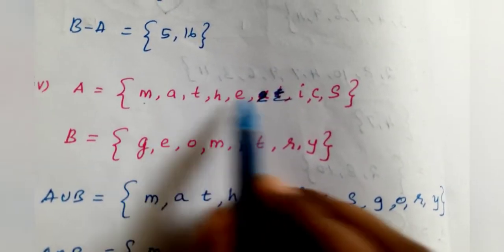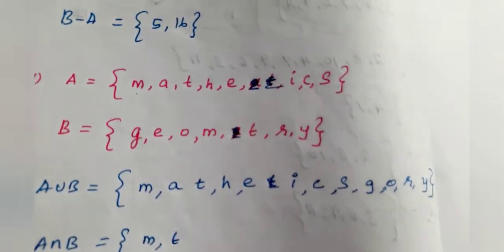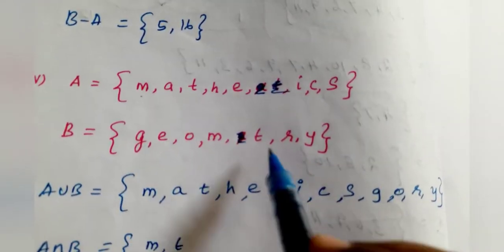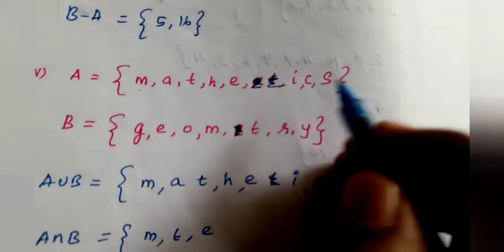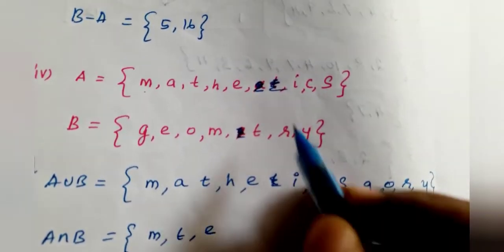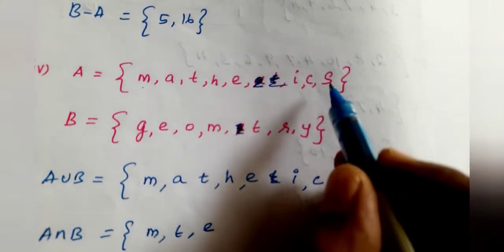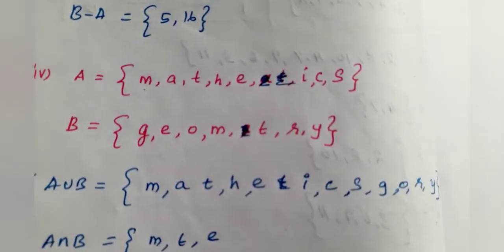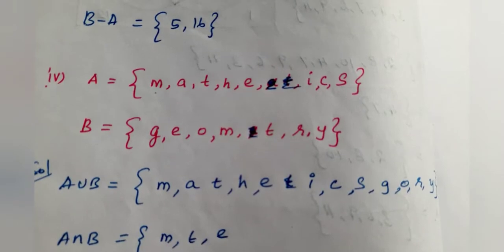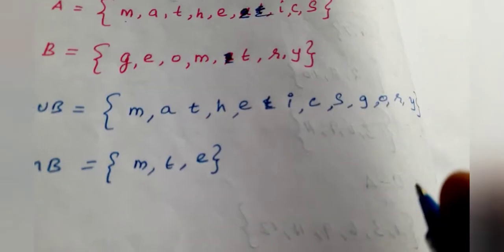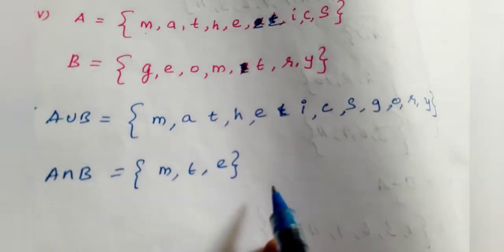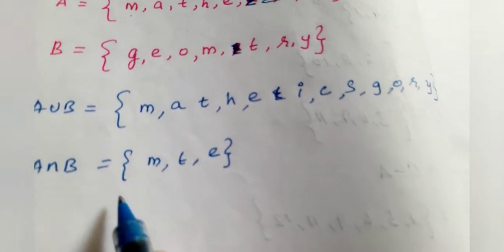So T, here it is. And E is repeating. I is not repeating. C is not repeating. And S is also not repeating. Therefore M, T, E. So MTE is A intersection B.